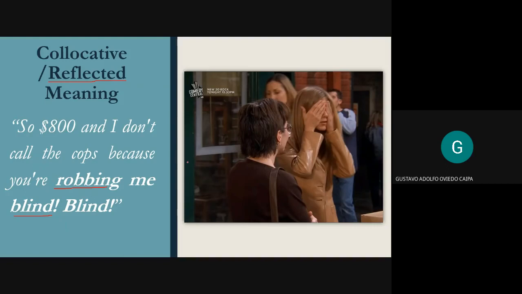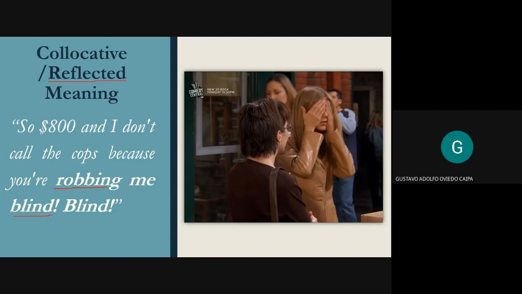But you see, that's what I mean when I tell you that when you analyze the video, you have to show a very specific example where one meaning is interfering with the other. In this case, the meaning of blind, not being able to see, is very strong. So it kind of filters, it kind of goes into the meaning of robbing blind, you see? And you can see how she covers her eyes and she's reflecting that, you see?